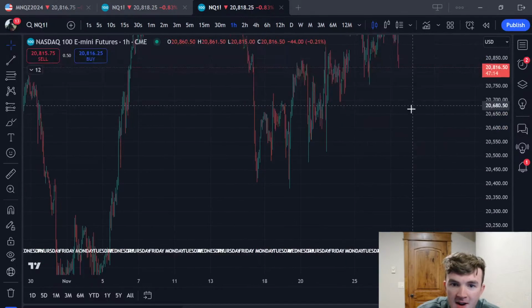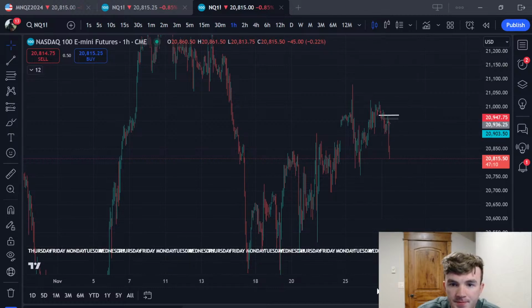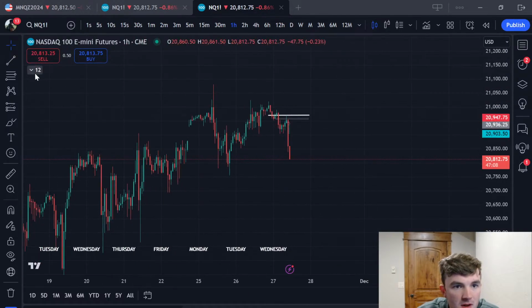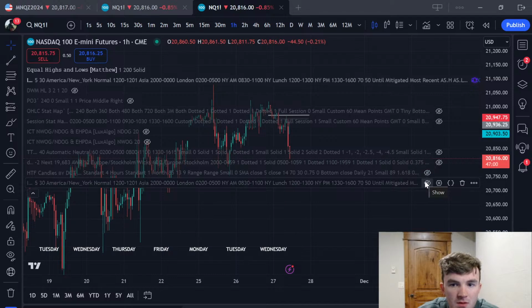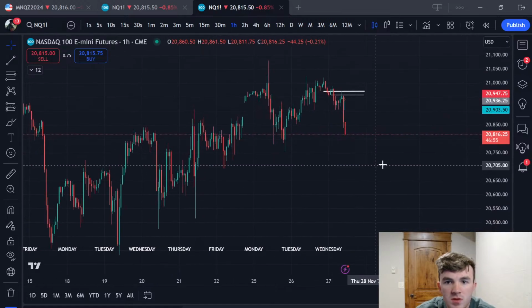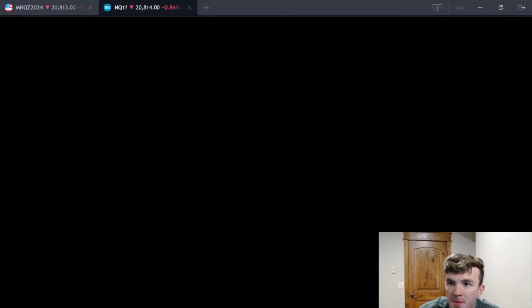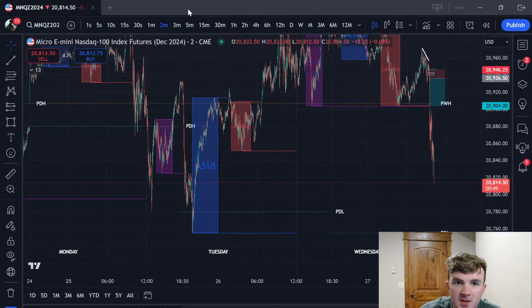Kind of looks like now we might go run. Look at all these lows here. But I'll just do the analysis on the other screen for a little bit longer. Let's close this out. Actually, I need that back.